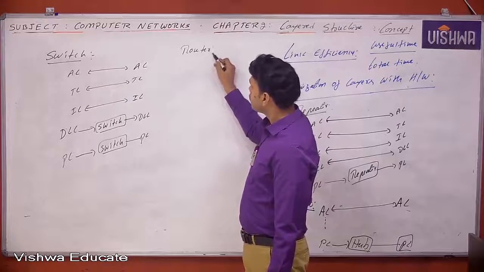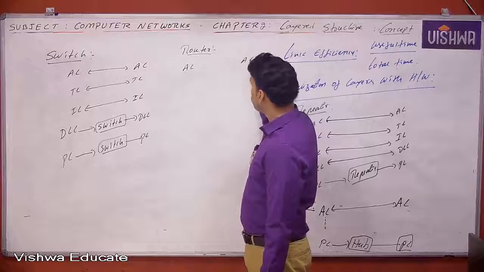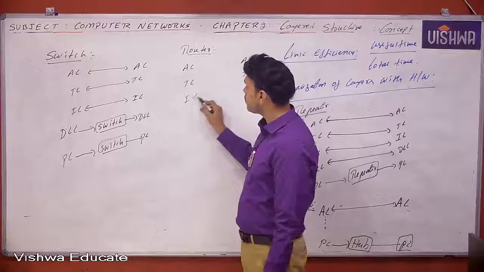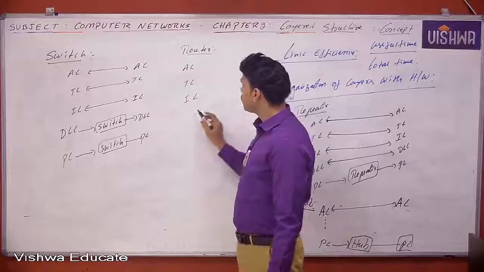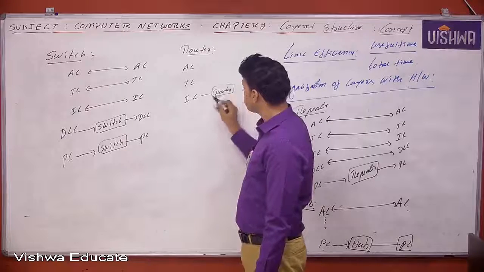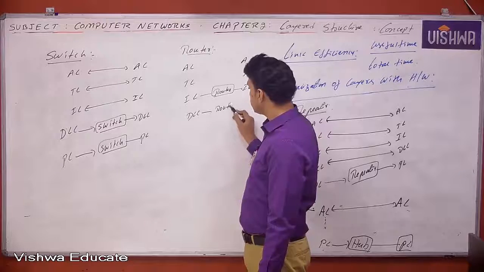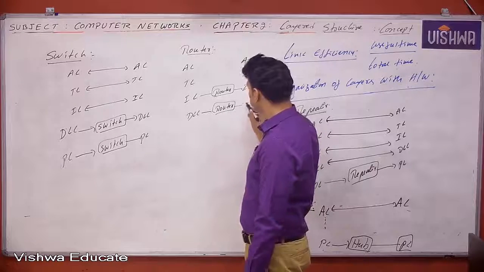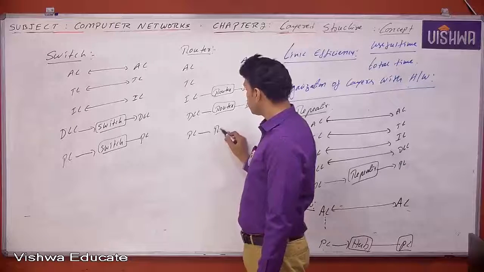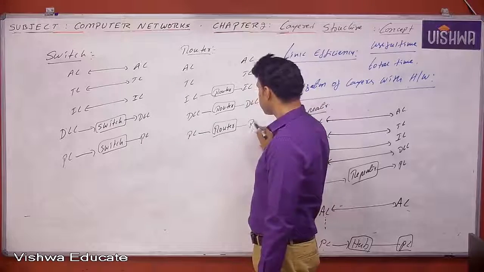If you go for a router, the application layer, transport to transport, presentation, session, we don't mind. Internet layer, and now the router takes care. Data link layer is also taken care of by the router, and the physical layer too.